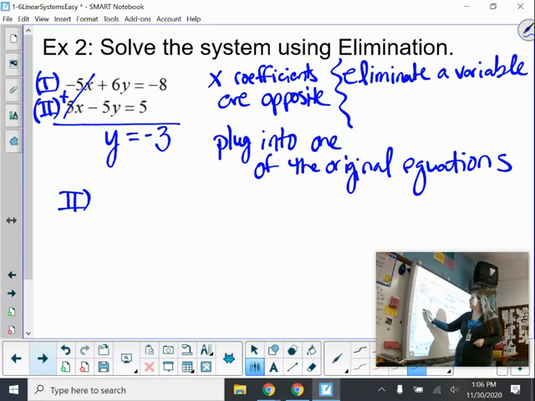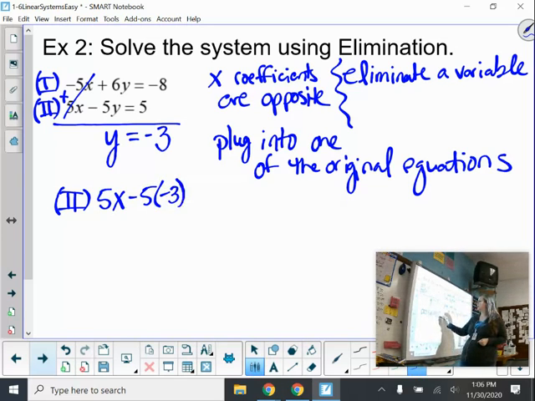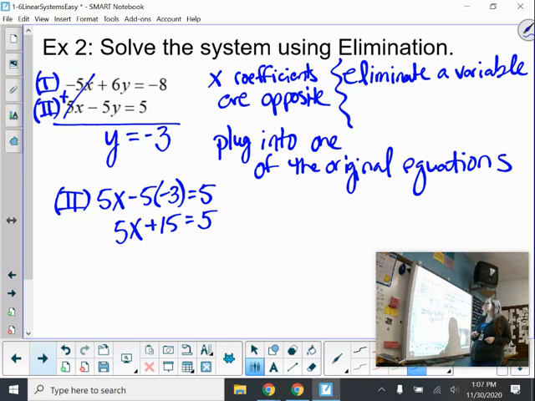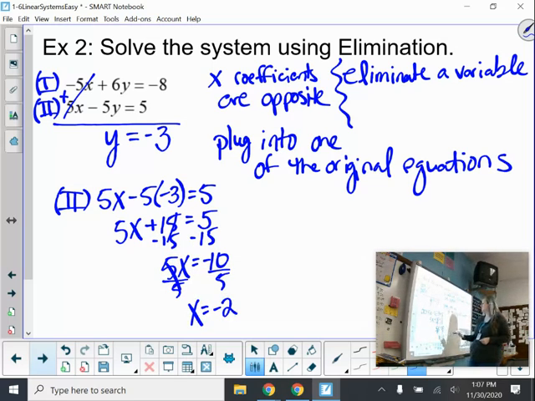But you would get the same answer if you plugged into equation 1. So we have 5x minus 5 times -3 is equal to 5. -5 times -3 is a positive 15. So I get 5x plus 15 is equal to 5. Subtract the 15 from both sides. You get 5x is -10. Divide by 5. x is equal to -2.